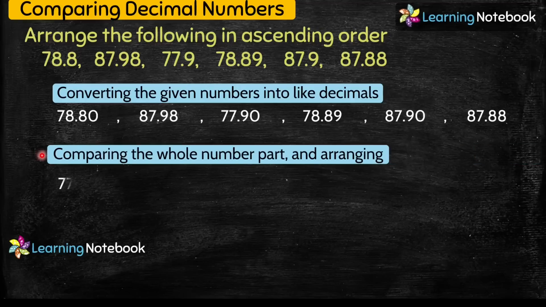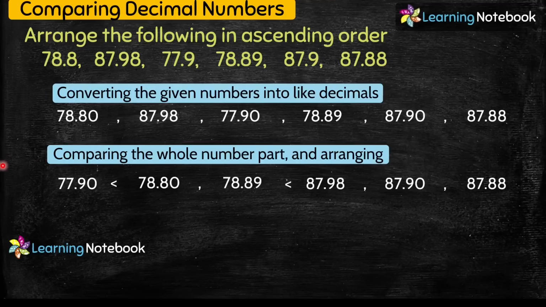Here, 77 is less than 78, which is less than 87. Now students, here we can see two numbers which have same whole number part. So let's compare them and arrange them in ascending order. To compare them, first we will compare their 10th digit, but their 10th digits are same. So let's compare their 100th digit.